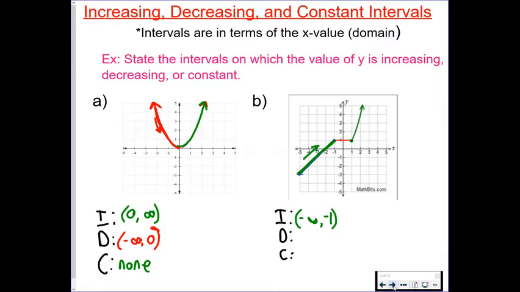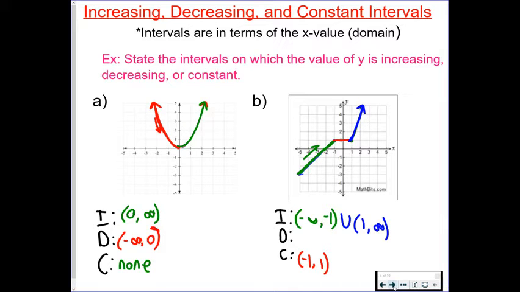After negative 1, what happens with my graph? Right, it flatlines. So that would be constant. Between negative 1 to 1, it's constant. And then what happens after I touch 1? It increases again. So we're going to use that U symbol to join the pieces together. Start back at 1, and then it goes up. So it increases to positive infinity.